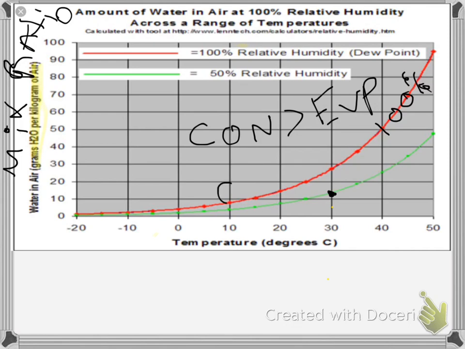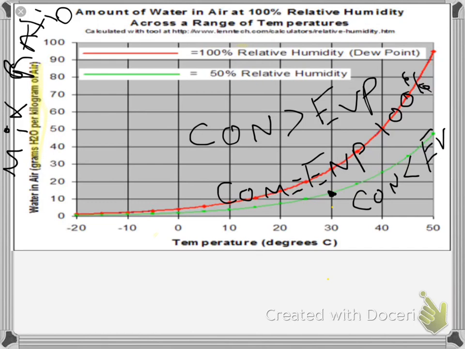Everything on the line itself is condensation equal to evaporation. And everything below the line has condensation less than evaporation. So I have more evaporation taking place below the line, equal amounts of condensation and evaporation taking place on the line, and condensation being greater than evaporation above the line. I know it sounds silly, but it's pretty simple and straightforward when I get into this.